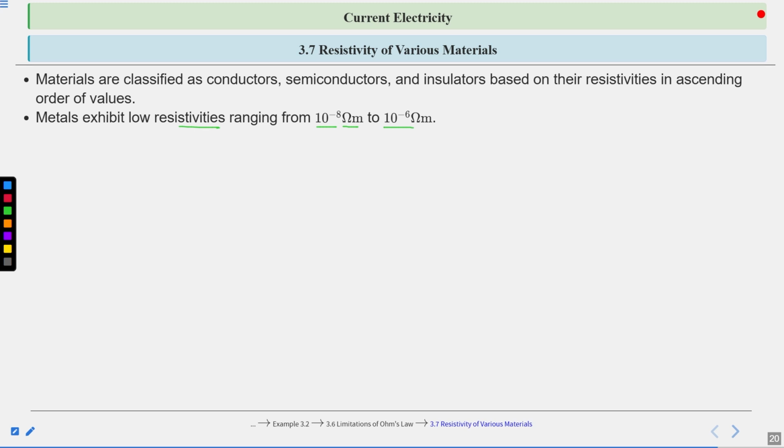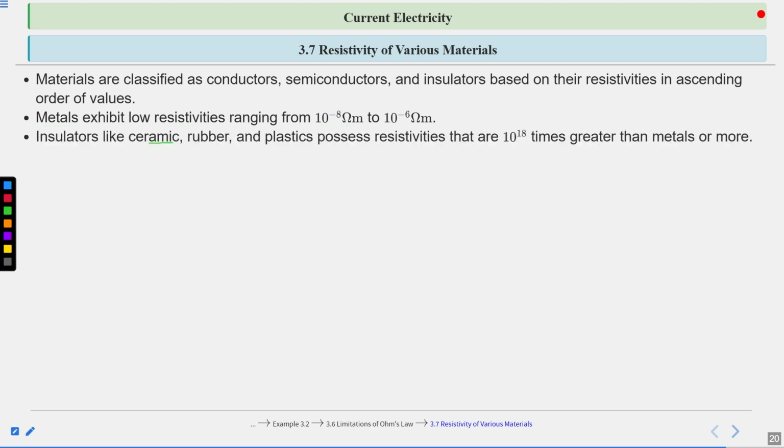Metals exhibit very little resistivity because they are good conductors. Insulators like ceramics, rubber and plastic possess resistivity that is 10¹⁸ times greater than metals or more. So a large amount of resistivity is there, due to which they don't conduct.